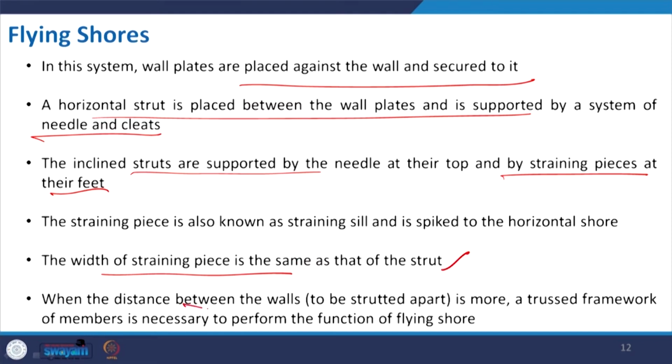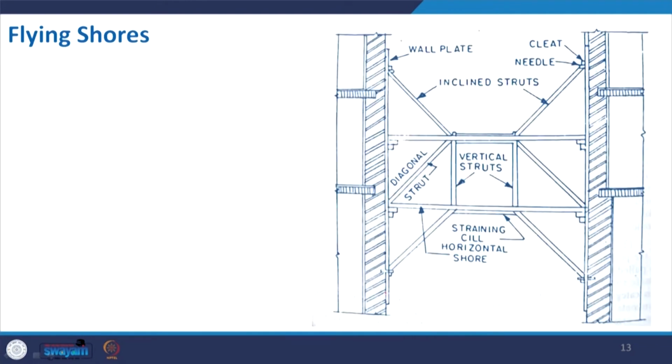Now, when the distance between two walls is too much, a single strut will not help, so we probably have to go for a truss or space frame. This is where you need to give more support. That is why, instead of a single flying shore, here it is a double flying shore.